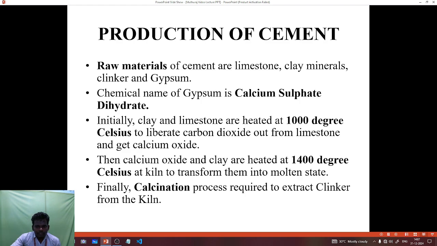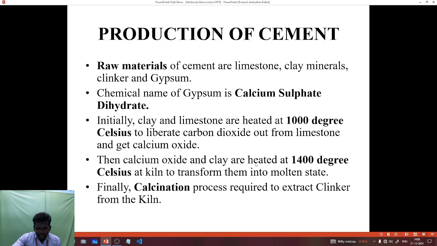In the production of cement, the raw materials are limestone, clay minerals, clinker, and gypsum. The chemical name of gypsum is calcium sulfate dihydrate. For a person studying concrete technology for the first time, gypsum is a new word, so here I gave its chemical name. Initially, clay and limestone are heated at 1000 degrees Celsius to liberate carbon dioxide from limestone and get calcium oxide.